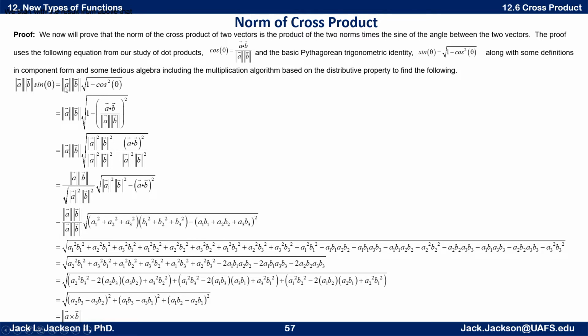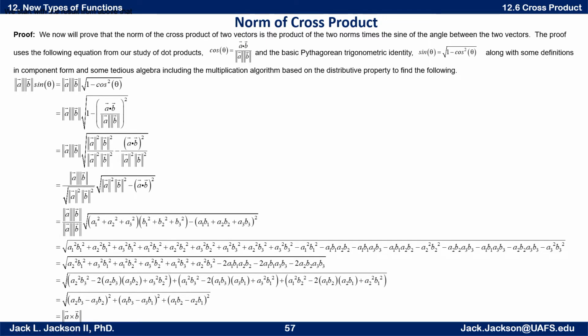Well, sine of theta is the square root of 1 minus cosine squared of theta. That's just using a basic Pythagorean identity. Now we can replace cosine theta with A dot B over the two norms. Okay? So if we square all this out, you get A dot B squared over norm of A squared, norm of B squared. And I want to get a common denominator, so think of 1 as norm of A squared times norm of B squared over the same thing.